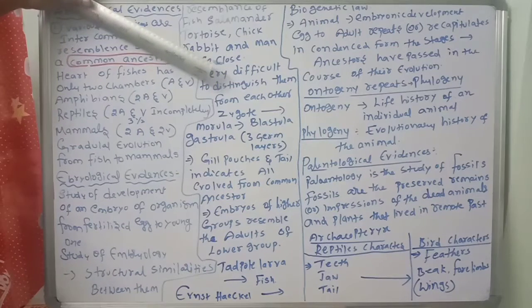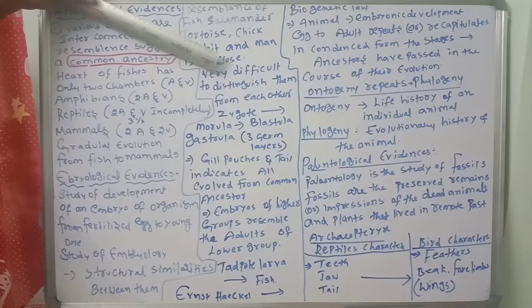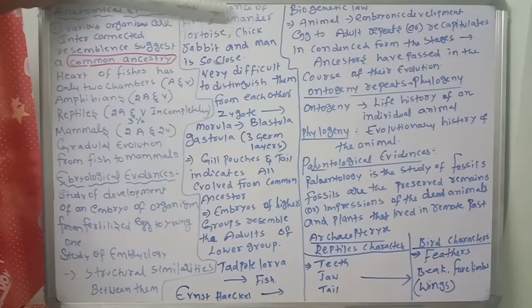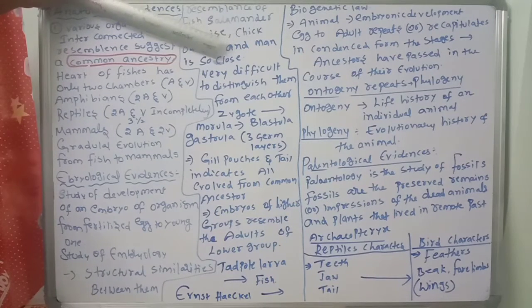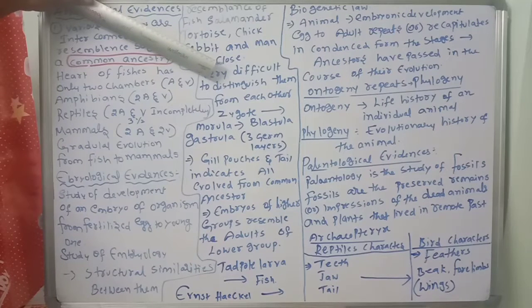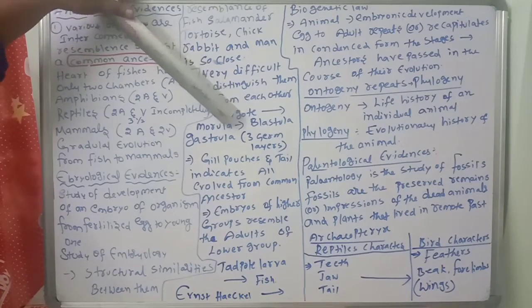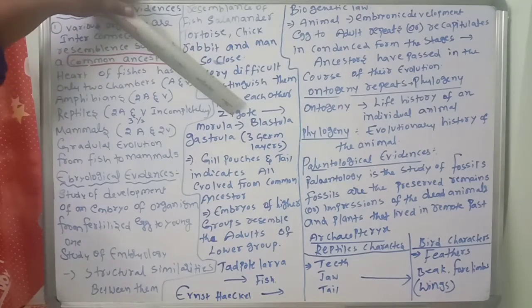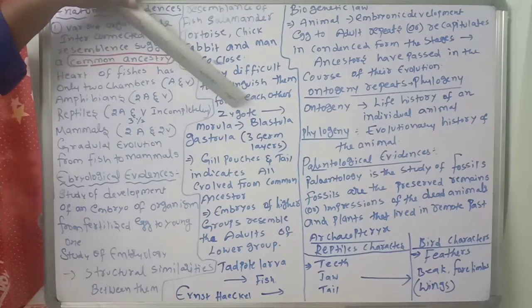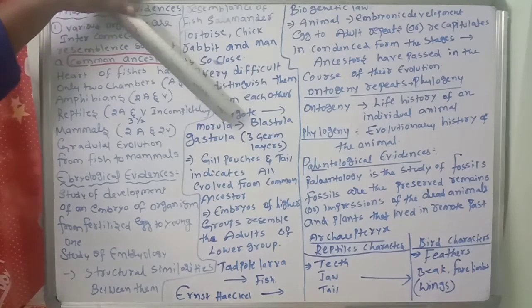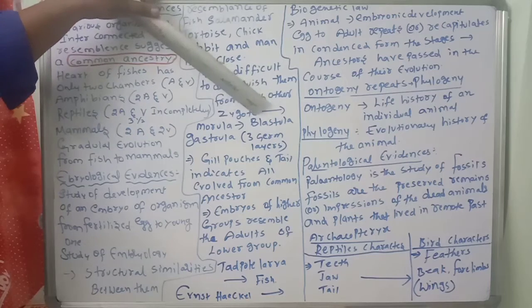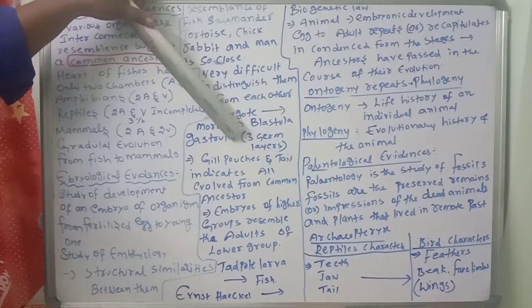The early embryos of all vertebrates like fish, salamander, tortoise, chick, rabbit and man closely resemble each other. All multicellular organisms show similar early developmental features. For example, all multicellular organisms go from zygote, a single cell stage with 2n condition, to morula, a group of cells, blastula, 2-layered, and gastrula, 3 germ layers.